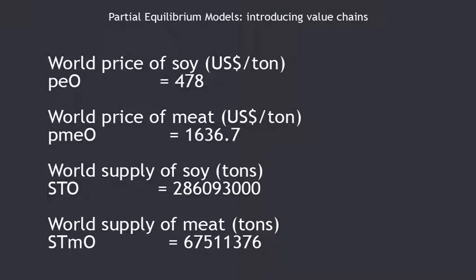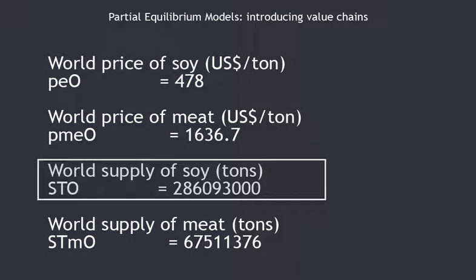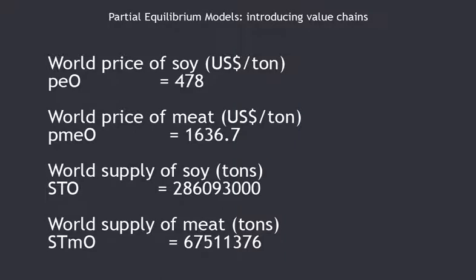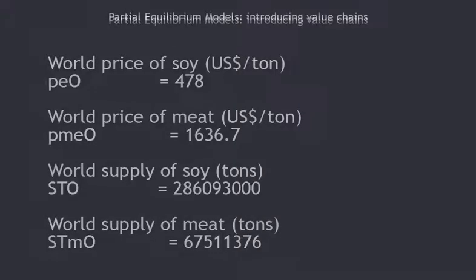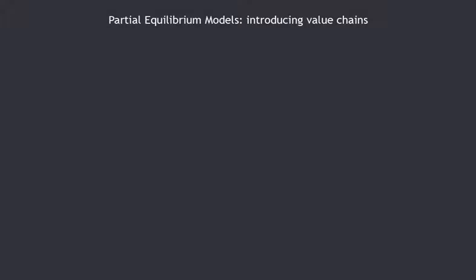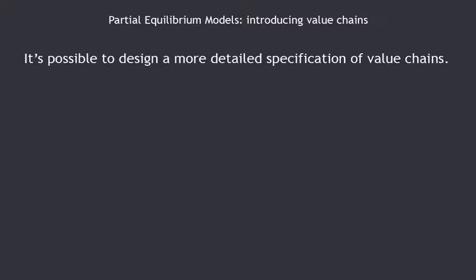The world supply of soy is 286,093,000 tons, and the world supply of meat is 67,511,376 tons.